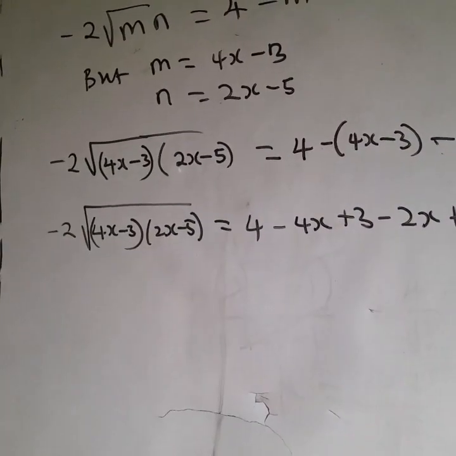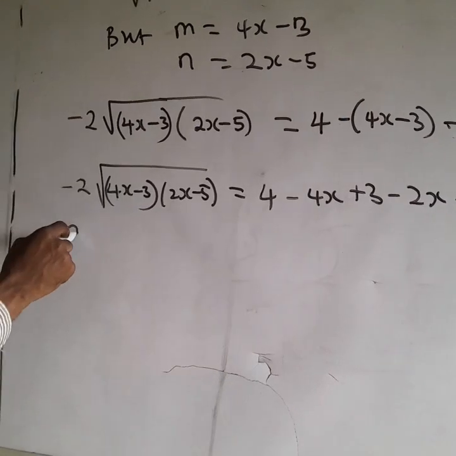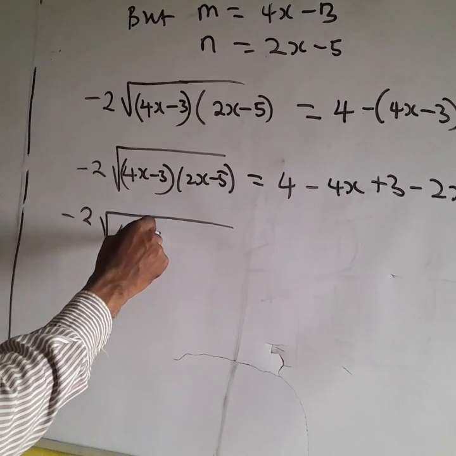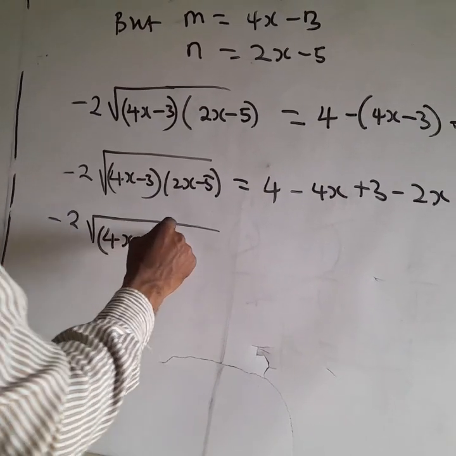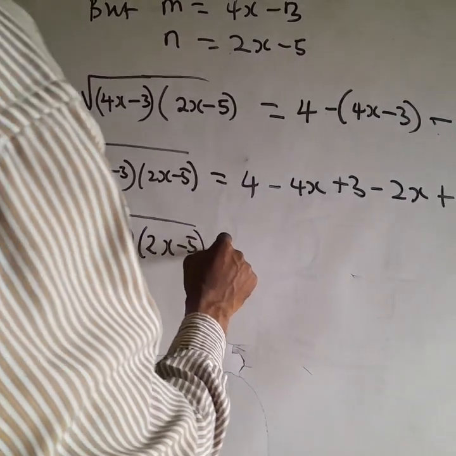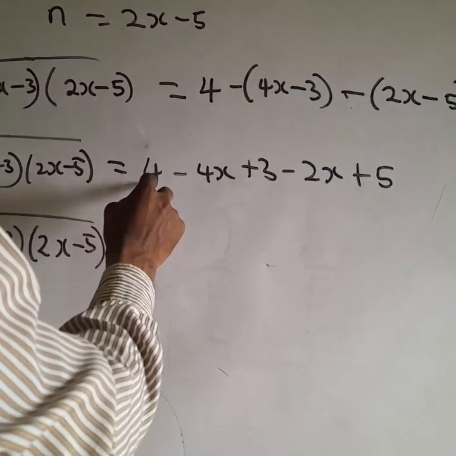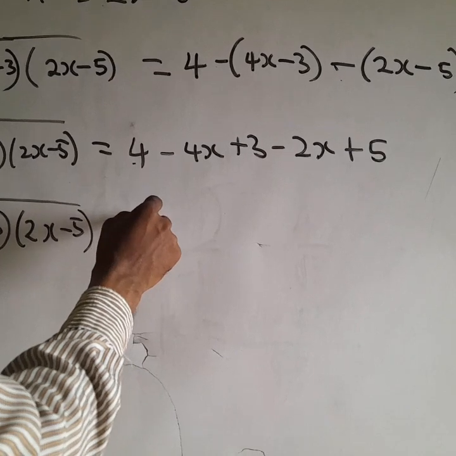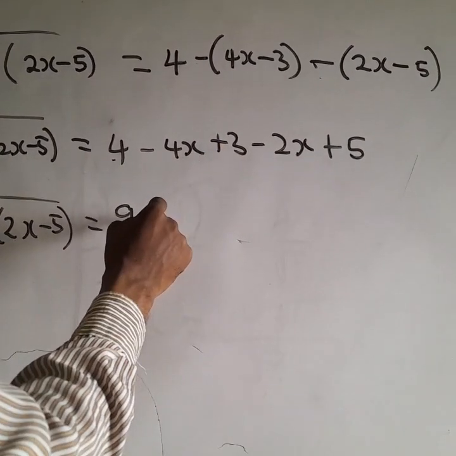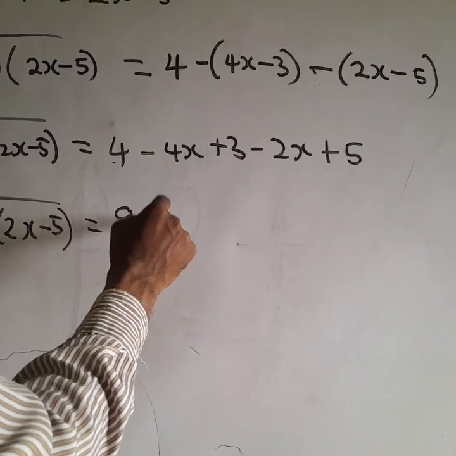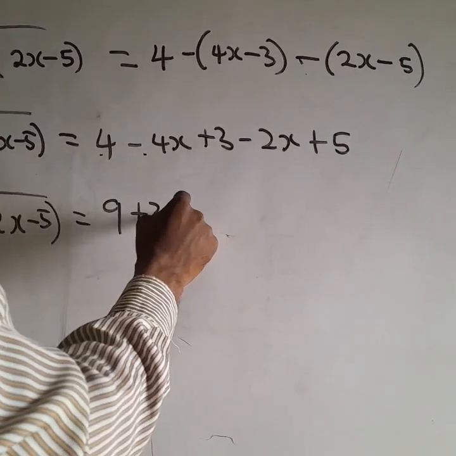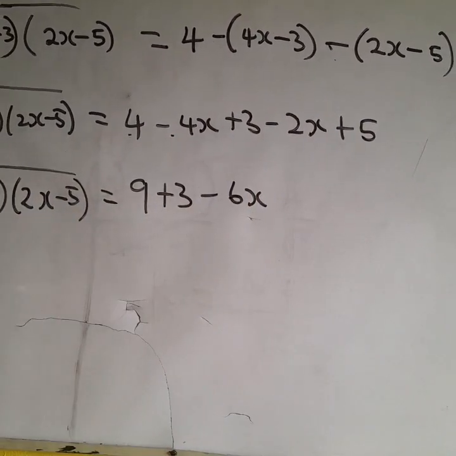So here we have minus 2 root of 4x minus 3 times 2x minus 5, equal to 4 plus 5, which will give us 9, plus 3, minus 4x minus 2x, that's minus 6x.